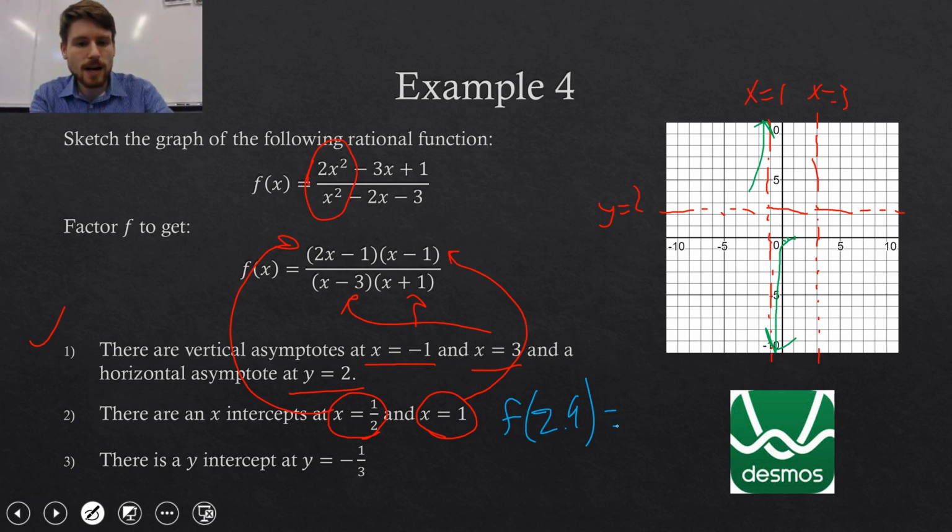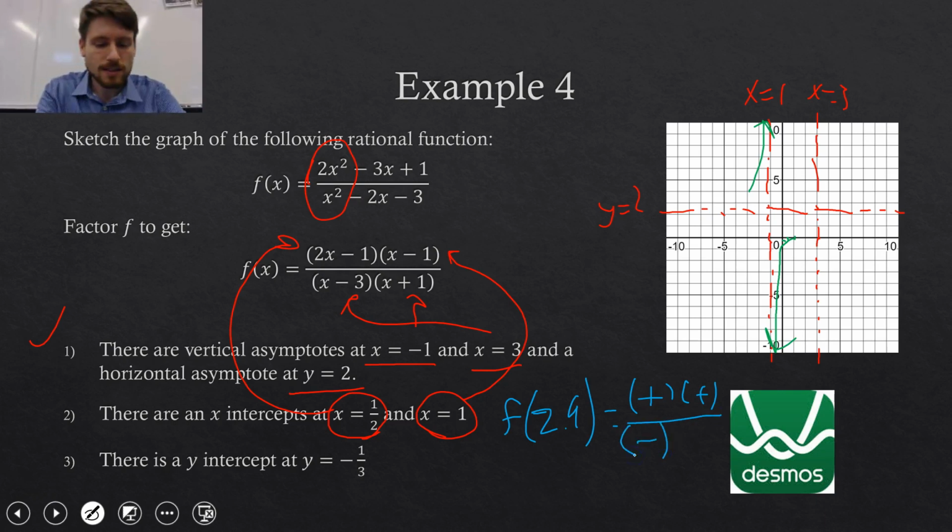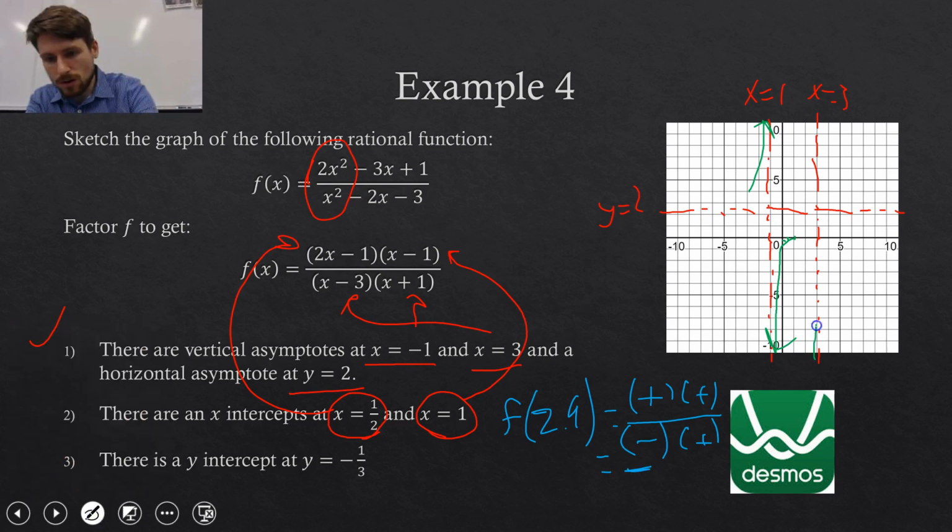We have 2.9 times 2 minus 1, so that's definitely a positive answer. 2.9 minus 1, that's definitely positive because that's 1.9. 2.9 minus 3, that is a negative answer, because 2.9 minus 3 is a little bit negative. 2.9 plus 1, that's a positive. So we have 3 positives and 1 negative, so that's overall a negative answer when you multiply those all together. So to the left of 3, we're negative as well.